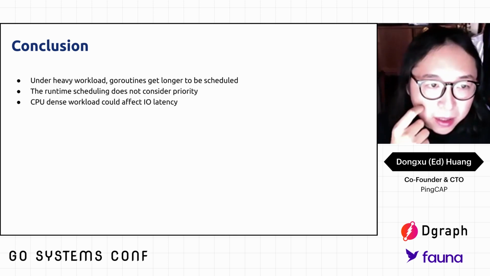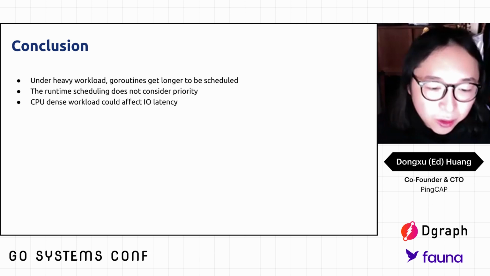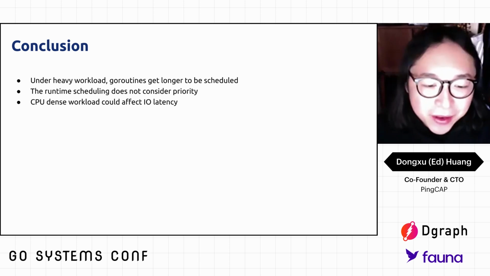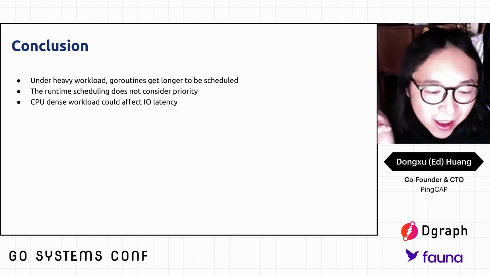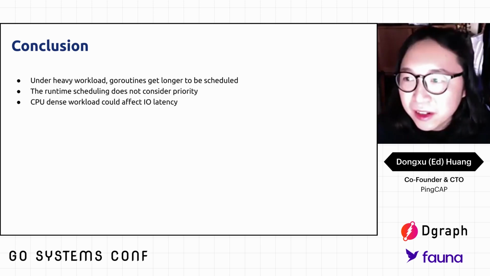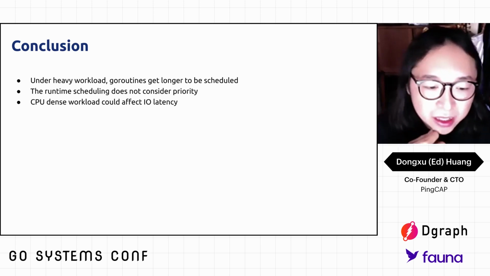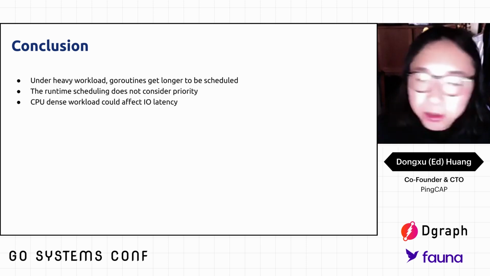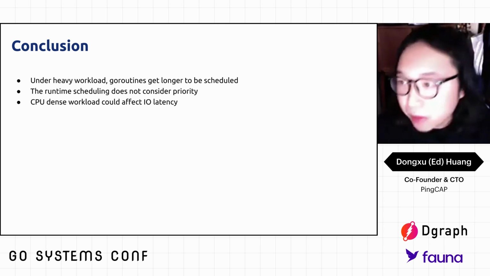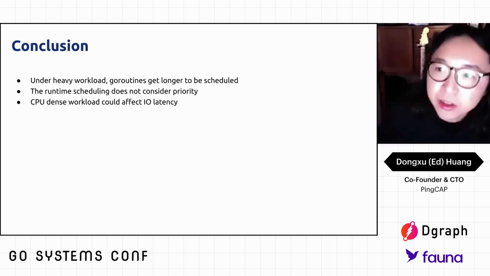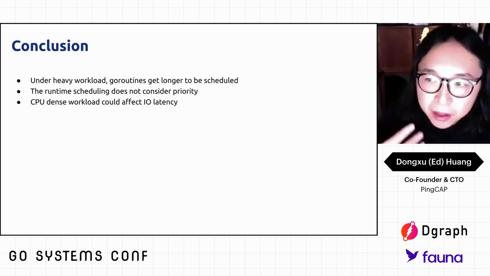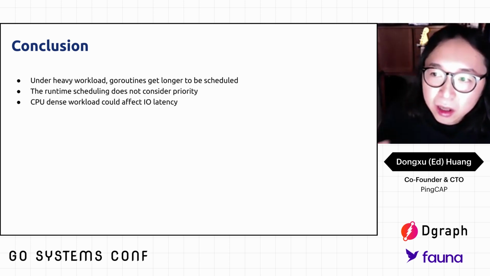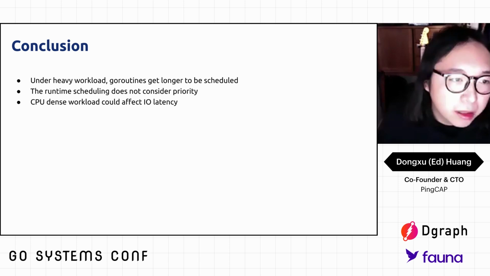So I think one, don't make your CPU too busy, right? And another solution is to offload the CPU intensive module to another process, and change the priority of the process on the operating system.